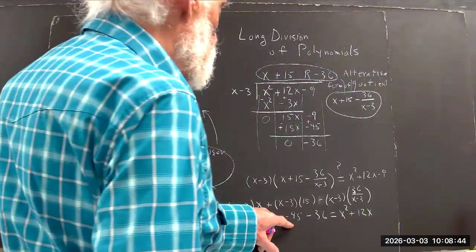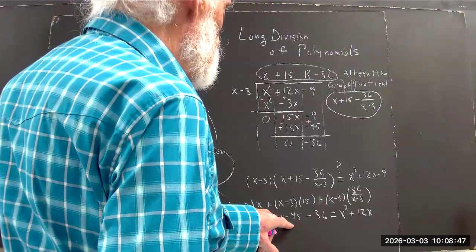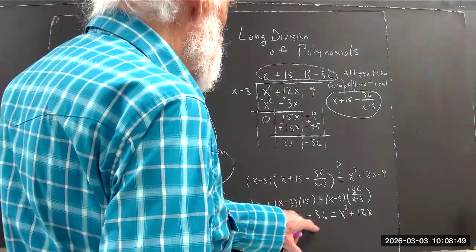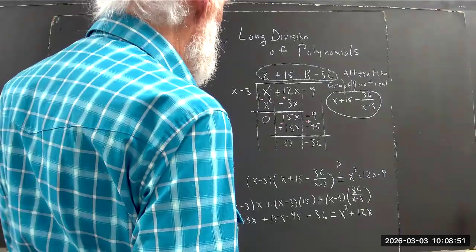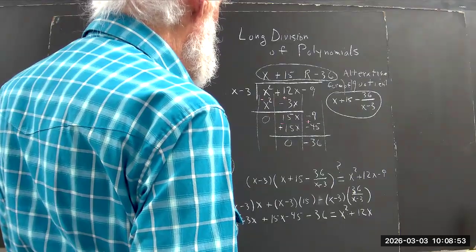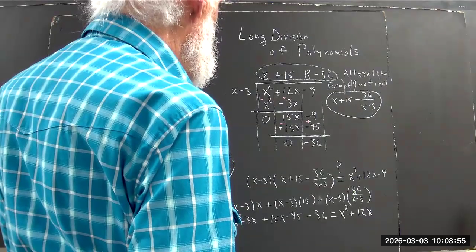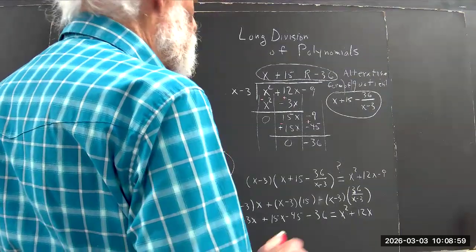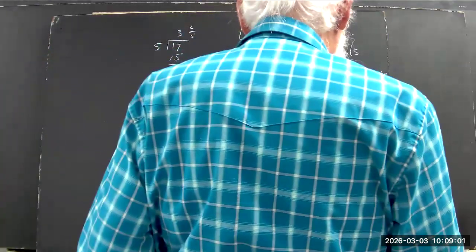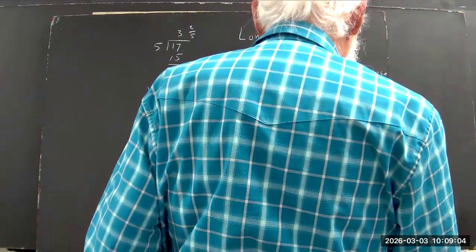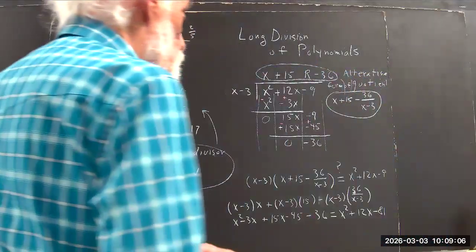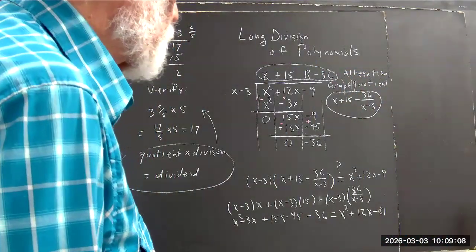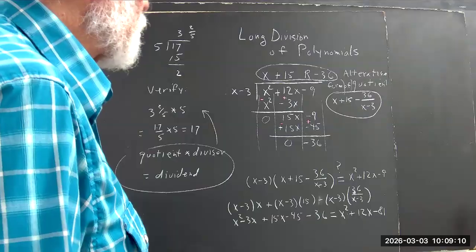And we have negative 45, negative 36. And something is wrong because that adds up to negative 81, not to negative 9. So what in the world did we do wrong here?